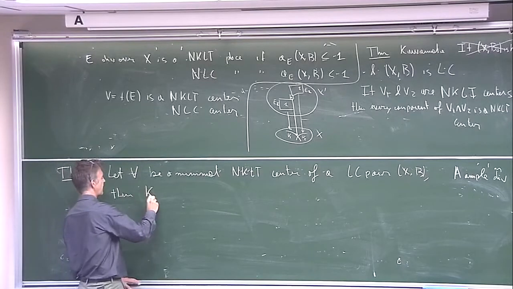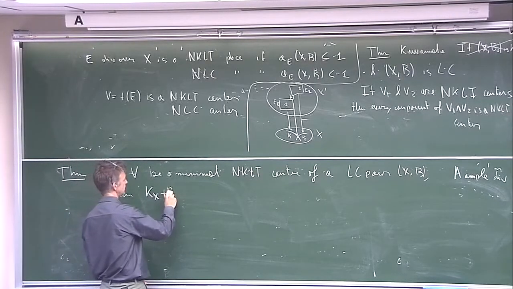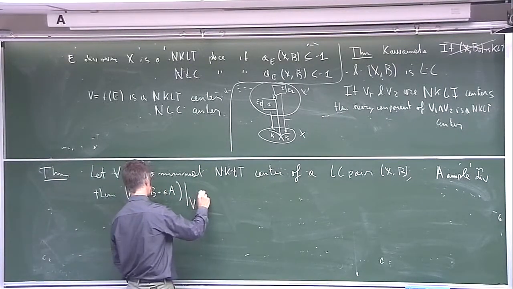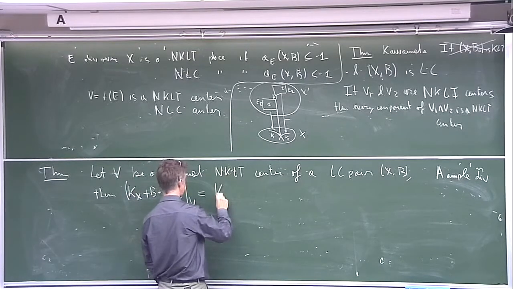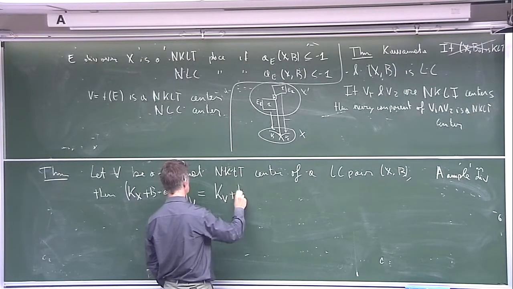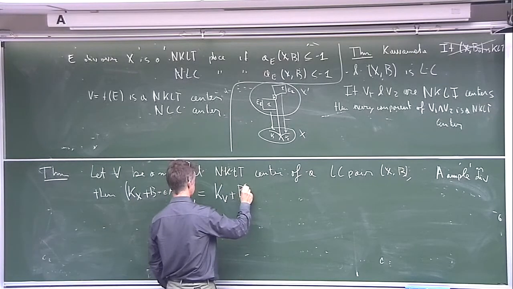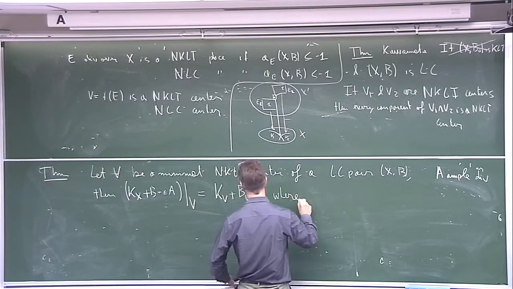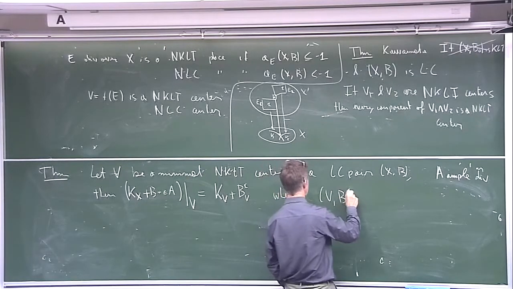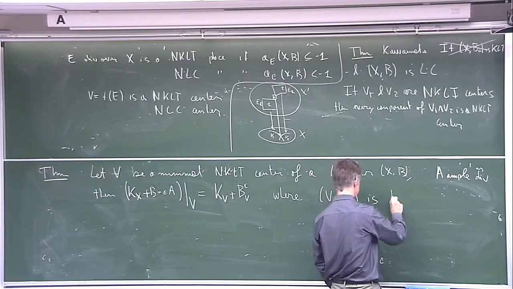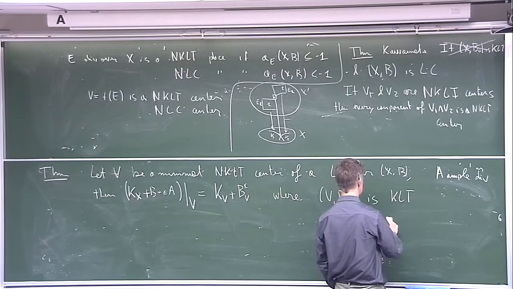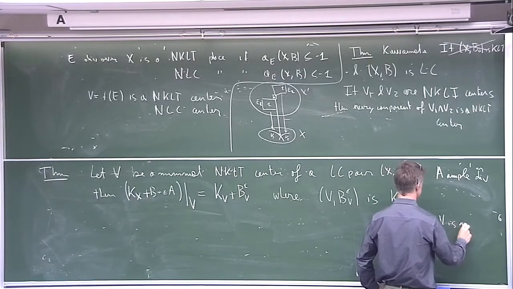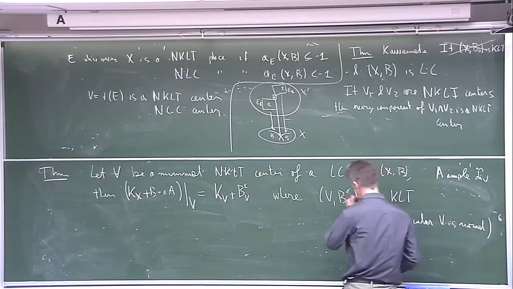Then I can compare K_X + B + epsilon times the ample divisor, for good luck, restricted to V, and I can write this as K_V + B_V + epsilon A|_V, where (V, B_V + epsilon A|_V) is KLT. So in particular, V is normal.